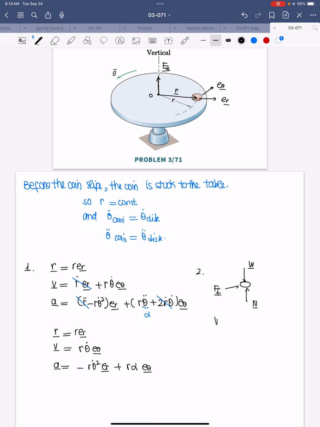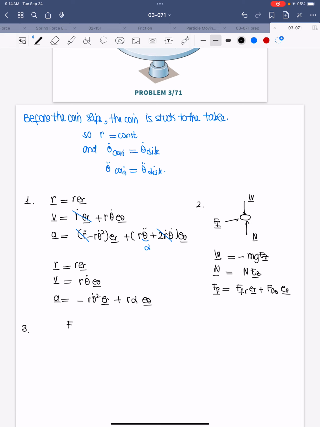Weight is minus mg EZ. N is N EZ. And the friction force is F_FR ER plus F_F theta E theta.